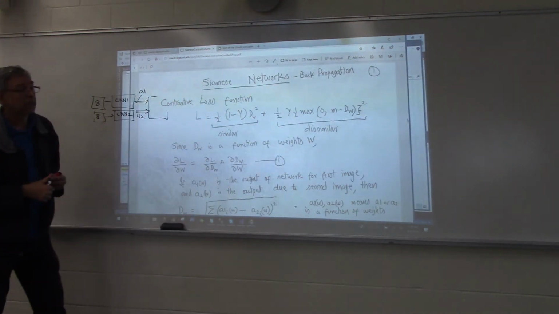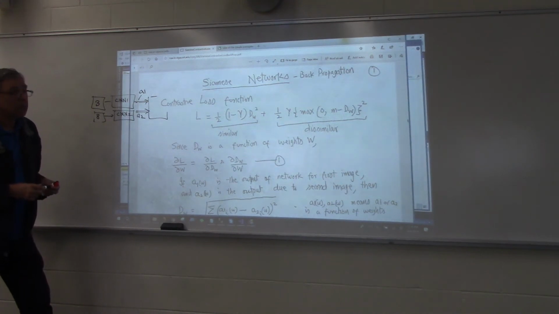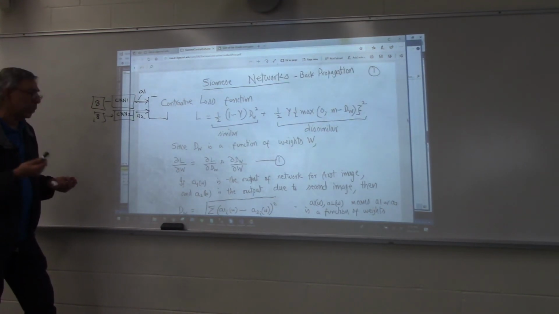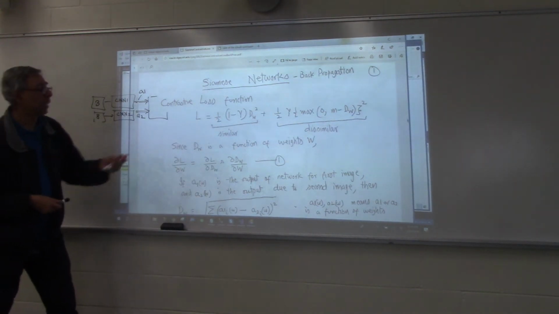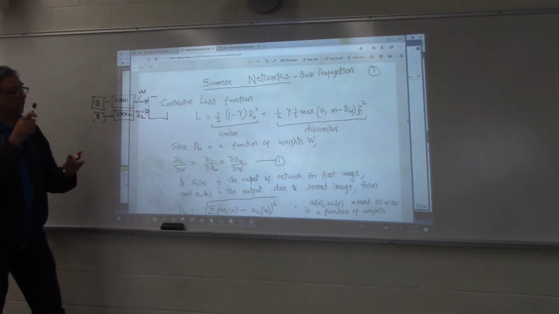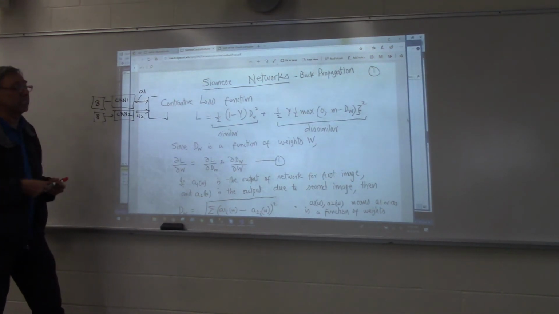So when we choose what's similar 0 and what's dissimilar 1, it wasn't random, it was by design. We could not have chosen similar 1, dissimilar 0. We could have done it, but then you would have to switch this. But for this particular loss function, similar is assumed to be 0.